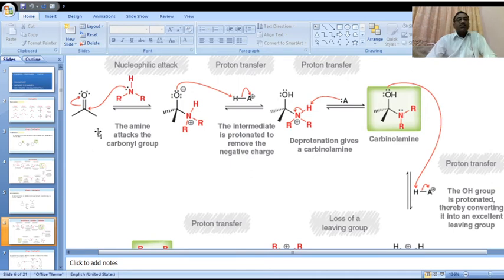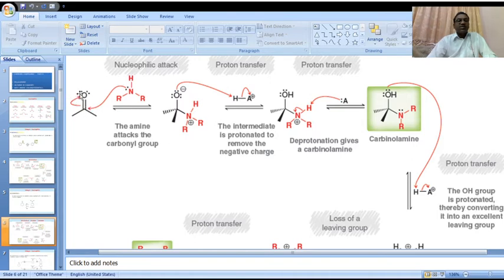Okay, here the starting compound, an aldehyde or it may be a ketone, reacts with the secondary amine. The secondary amine's pair of electrons attacks the carbonyl carbon.